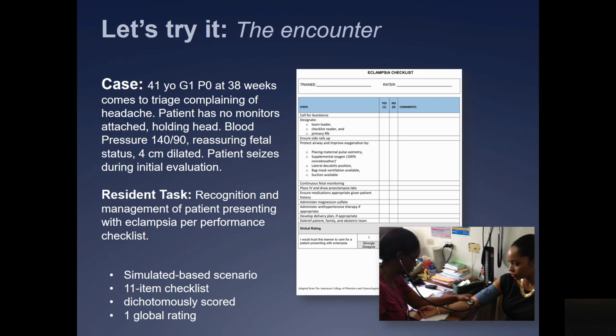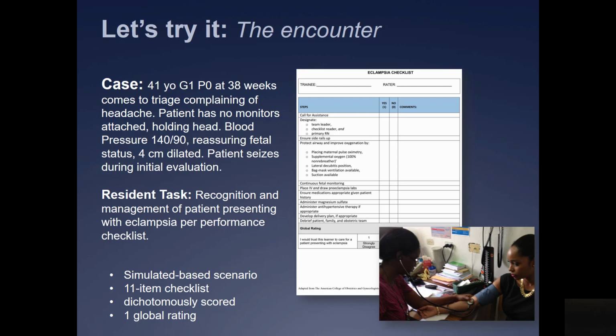So for the encounter, I'm setting the stage with the case. This happens to be a 41-year-old G1P0 at 38 weeks. She comes into triage complaining of a headache, and ultimately it looks like she seizes during this evaluation, so potentially this is a woman presenting with eclampsia.